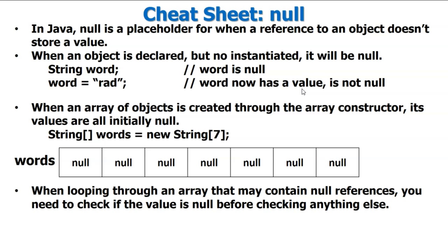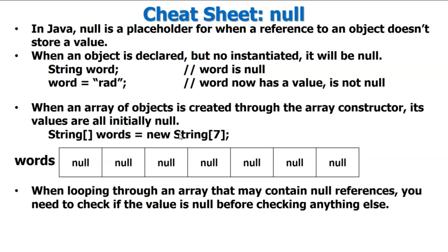So if I declare objects without instantiating, we'd say they're null objects. Well, when do we need to worry about that? The biggest spot we need to worry about is when we're dealing with arrays. Because when an array of objects is created through the array constructor, as in String words equals new String, its values are initially null. They haven't been assigned anything yet. If I create it by plugging in a list, like saying it's equal to curly braces, the words rad, cool, sweet, those would be assigned something right away.